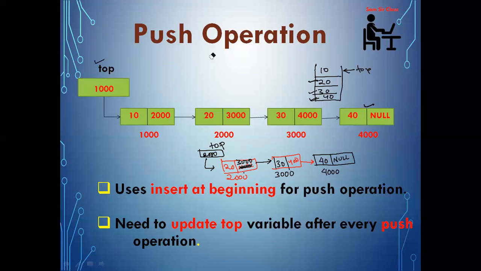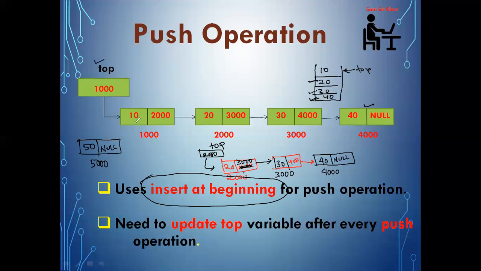Now, if we consider the same process, you can realize that we are following the principle of insert at beginning for push operation of single linked list. Whenever I want to push one more element, I need to create that particular node. Suppose 5000 I have created, because I need to keep the value 50 here, and as an independent node, I am keeping null.